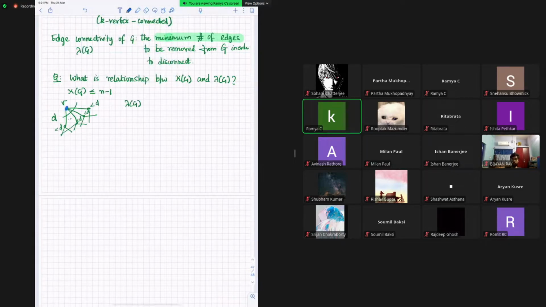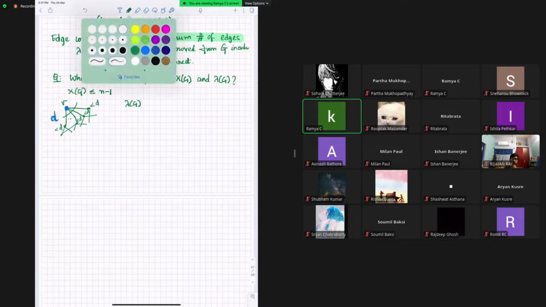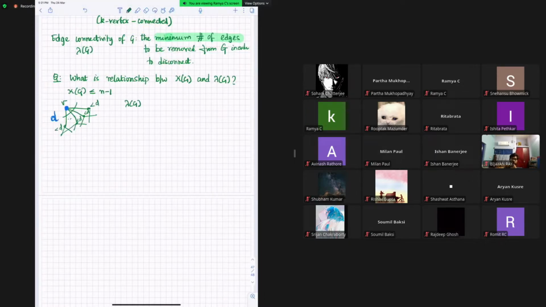Every other vertex in the graph has degree less than d. Suppose I tell you this, how large can lambda of G be? Less than or equal to d, right? Because it's the smallest number of edges you have to remove in order to disconnect the graph. If you remove all the edges incident on b, then you will be left with a disconnected graph. So it can be at most d.